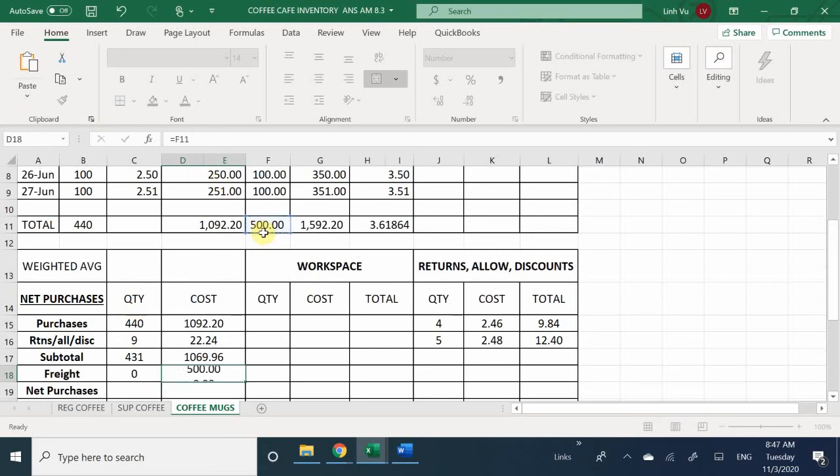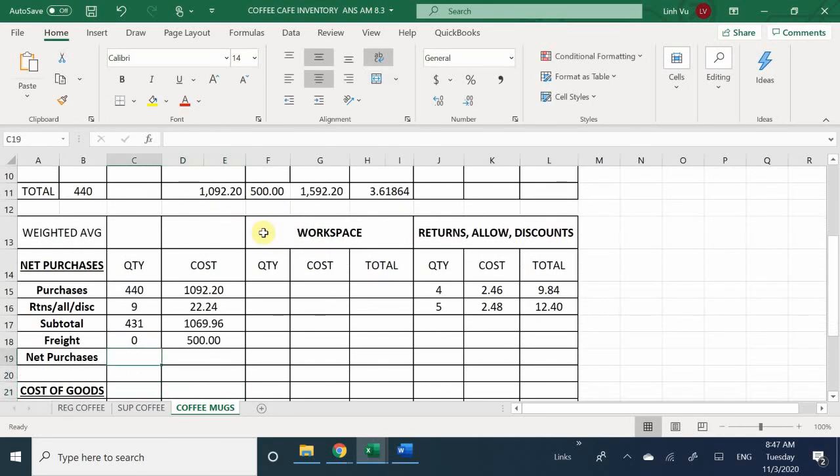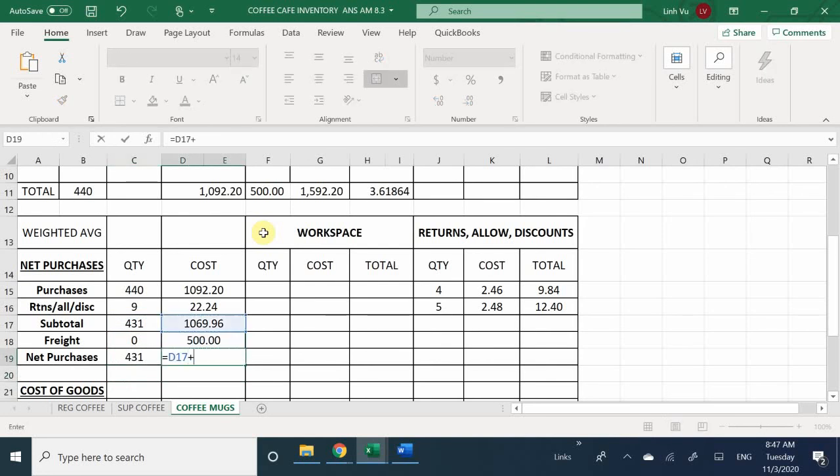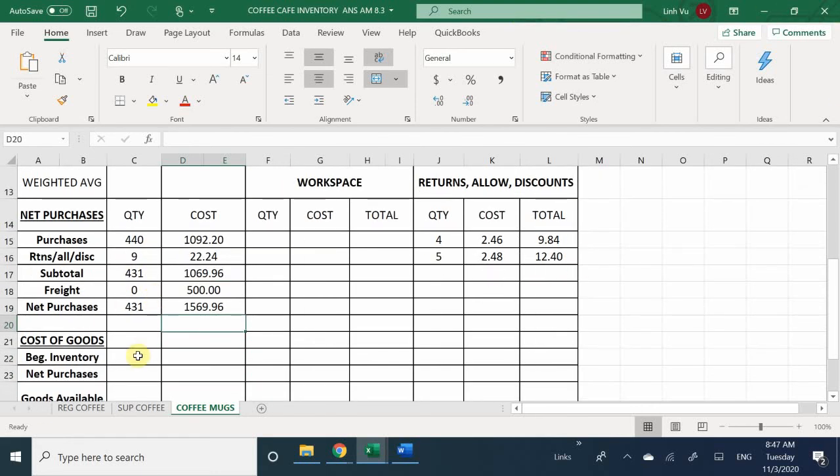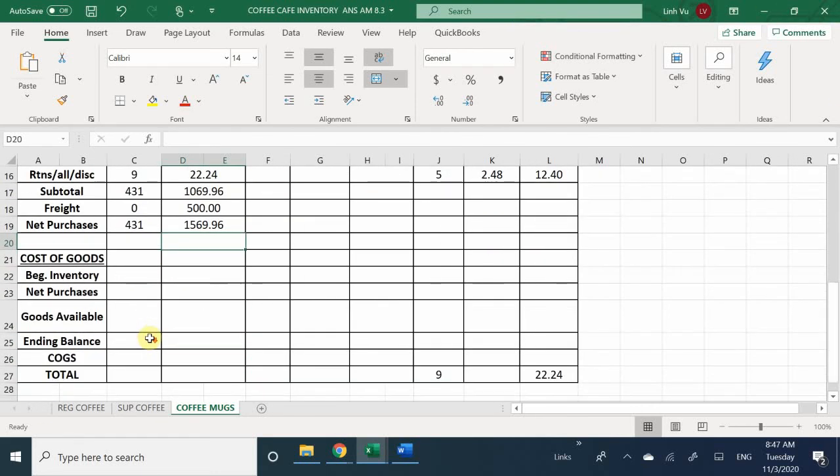500. So let's add up our new total purchases. We have 431 and the 500 added, and what do we get? 1569.96. Okay, good. Of course, we just started our company, so our beginning balance is 0.